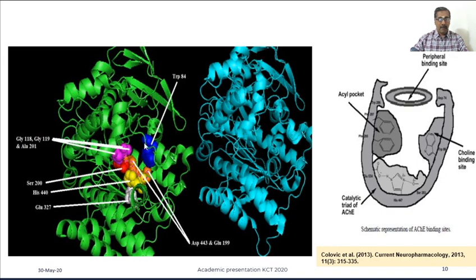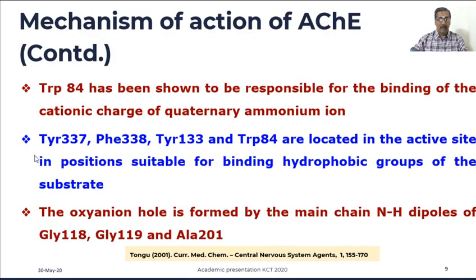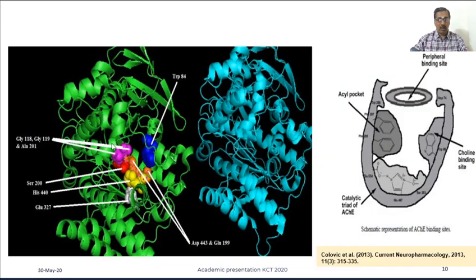And you can see the blue sphere indicates tryptophan 84, which is responsible for interacting with the quaternary ammonium ion of your acetylcholine. And you can see these three amino acids in pinkish violet, glycine 118, 119, and alanine 201, which are responsible for the formation of the oxyanion hole.